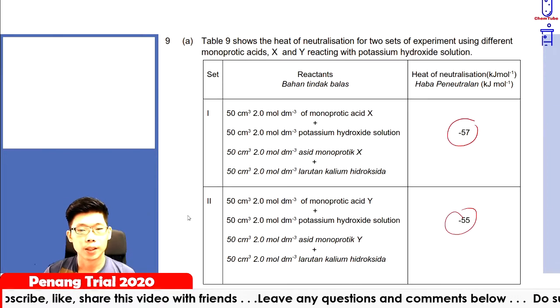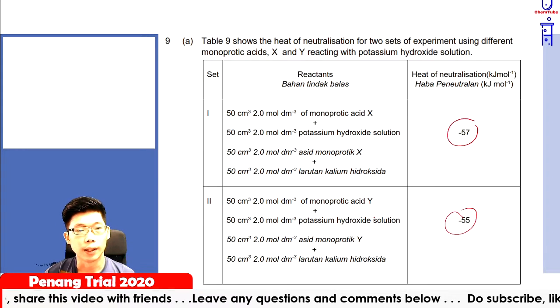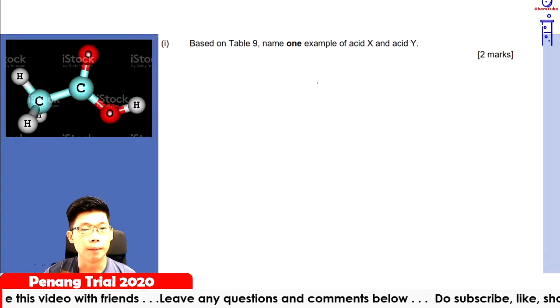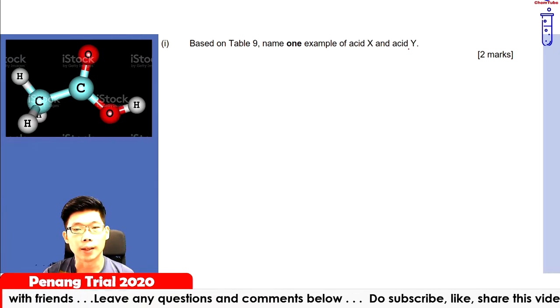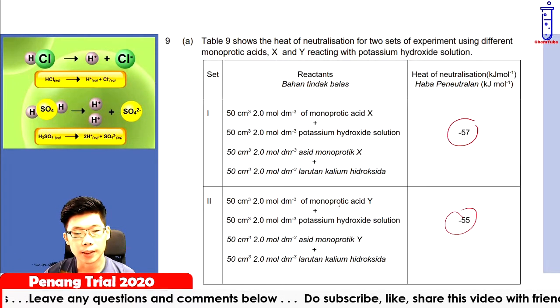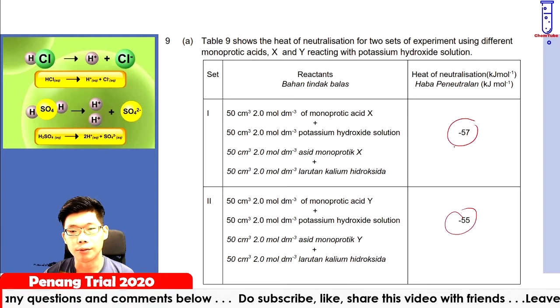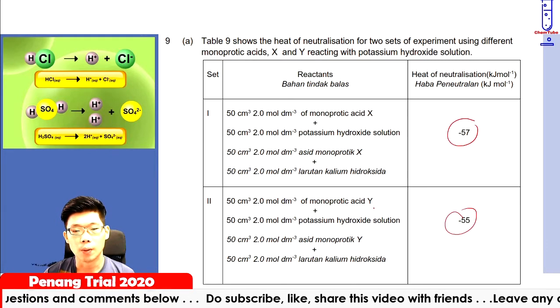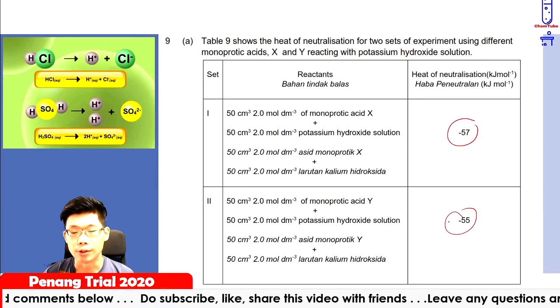Okay, so here you are given 2. Next, look into the question. Based on Table 9, name 1 example of X and Y. So here, we can see that monoprotic acid X produces a higher heat of neutralization. Y produces less heat of neutralization.